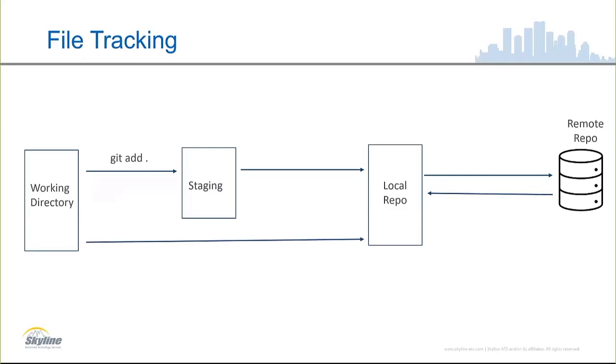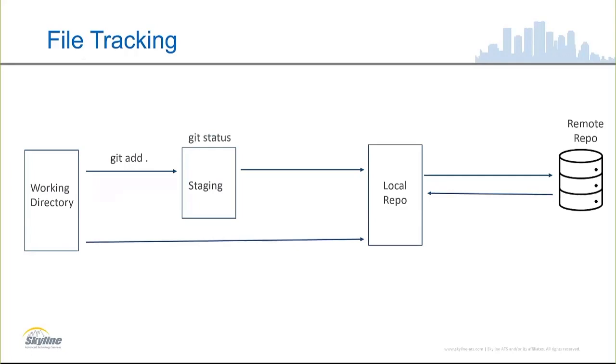It's very useful because maybe I'm working on 2 or 3 different files, and at the end of the day I've got one finished, and I don't want to commit the other ones. I just want to commit this one, so I can add just one to the staging area. So we go git add space dot, and it adds it to the staging area.